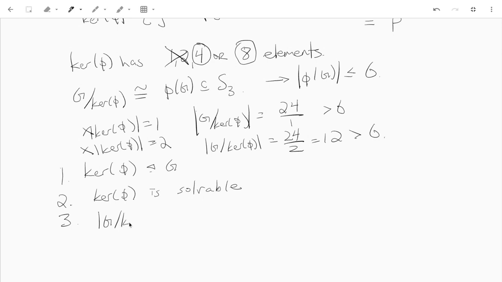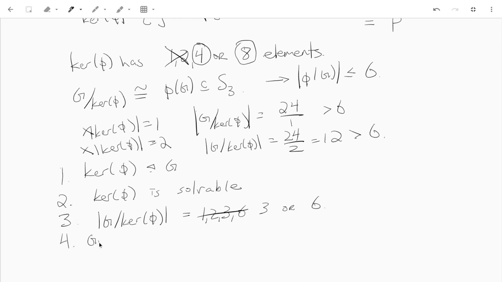G mod the kernel of phi has order dividing 6, so it's 1, 2, 3, or 6. Actually, it can only be 3 or 6. It's 3 if the kernel of phi has 8 elements, and it's 6 if the kernel of phi has 4 elements.